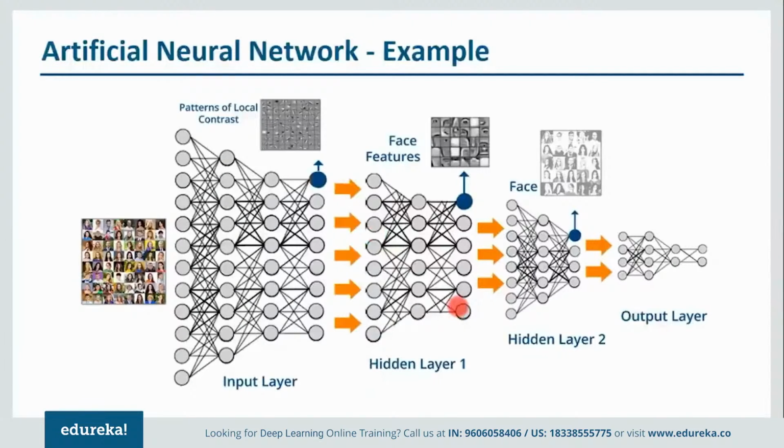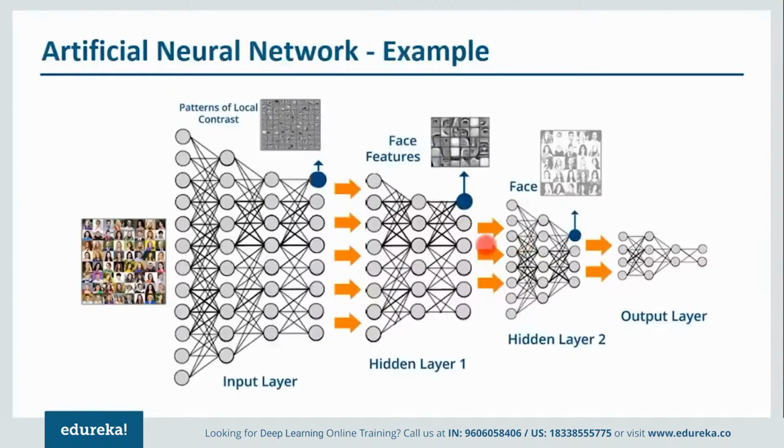We'll recognize eyes, nose, ears, things like that. Then that will be fed as input to the next hidden layer, and in this hidden layer we'll assemble those features and try to make a face. Then we'll get the output, that is, the face will be recognized properly. So if you notice here, with every layer, we are trying to get a more abstract or generalized version of the input.